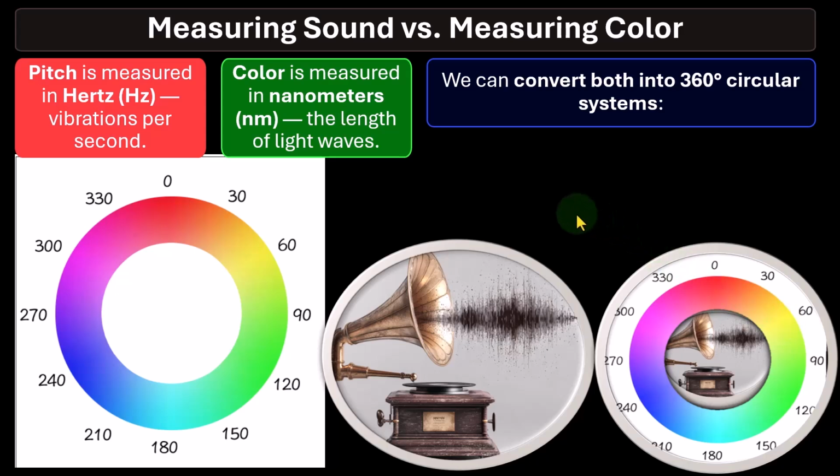So what we're going to do is line these two things up side by side, sound wavelengths mapped in hertz, color mapped in nanometers, but then standardize each of those measurements so that we're looking at equal distances of 360 degrees, therefore being able to map it onto a circle.